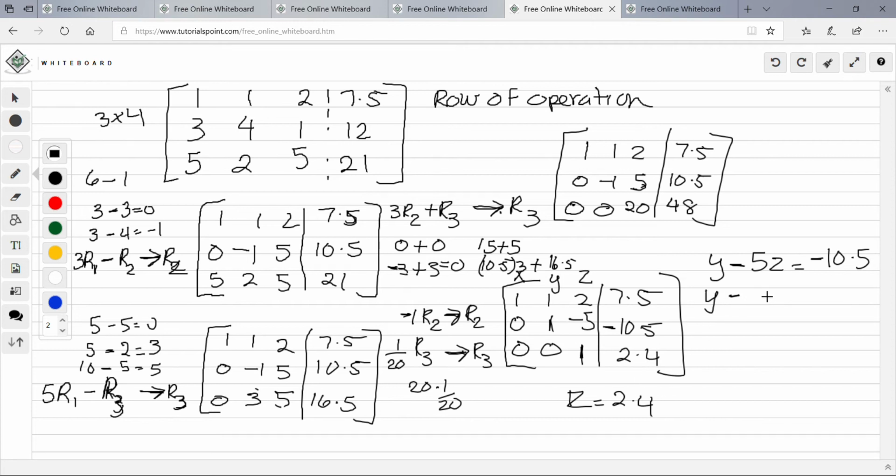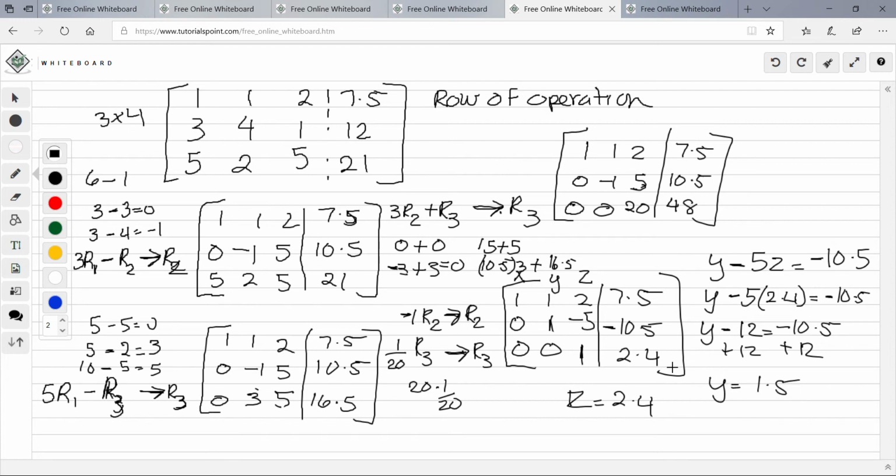So y minus 5 times z, which is 2.4, equals -10.5. So y minus 12 equals -10.5. So now let's solve for y, so add 12. So y equals -10.5 plus 12, which is 1.5.